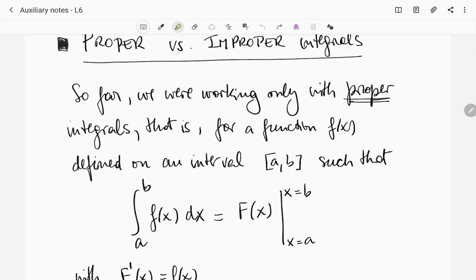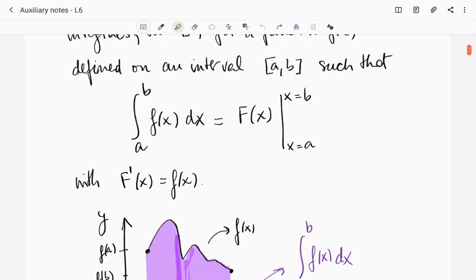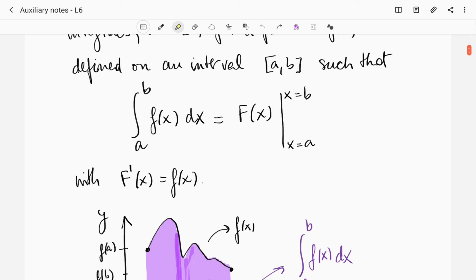and that is for a function f of x defined on an interval [a, b]. We have this definition of what a proper integral is.